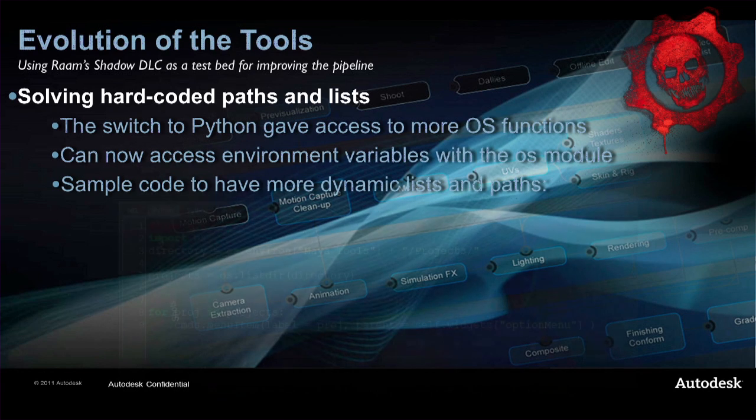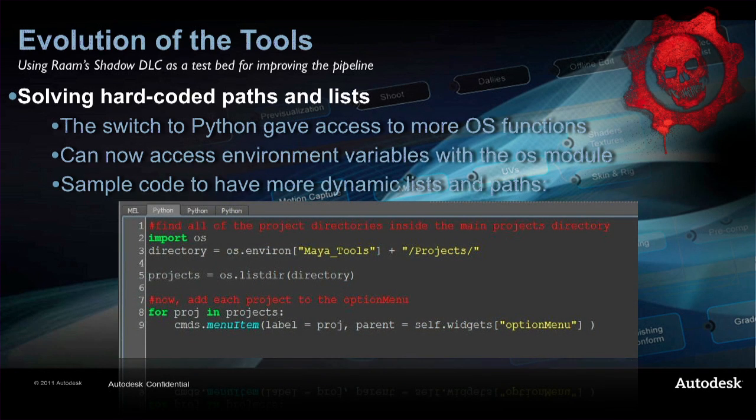So here's a little snippet that solves both problems. By importing the OS module, we can say that our directory is equal to the environment variable value of Maya Tools. I know that in that Maya Tools folder, there's a folder called projects, so I can append on that path. And then I can use the listdir function to list all the contents of projects, which is going to return to me folders like Gears of War 3, Fortnite, GDC demo, and things like that.